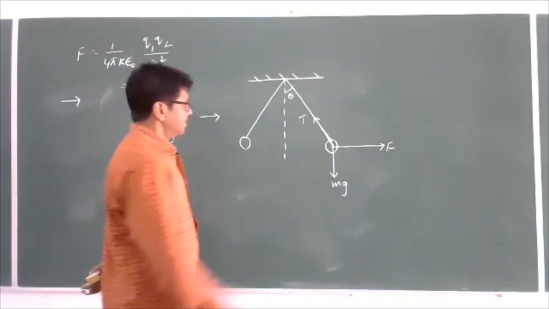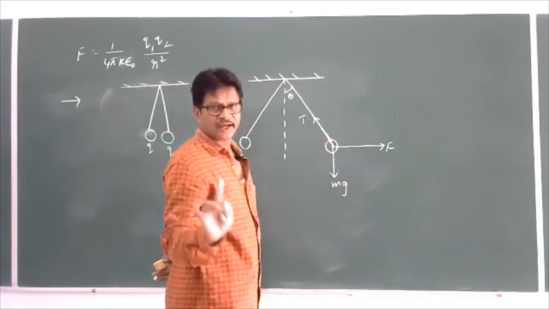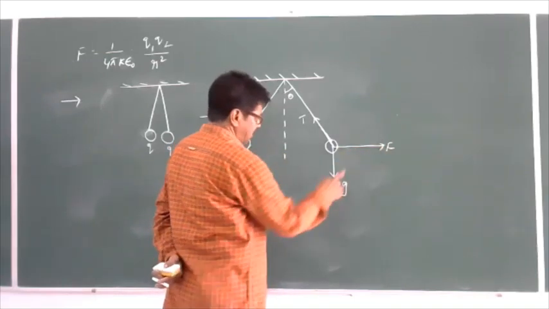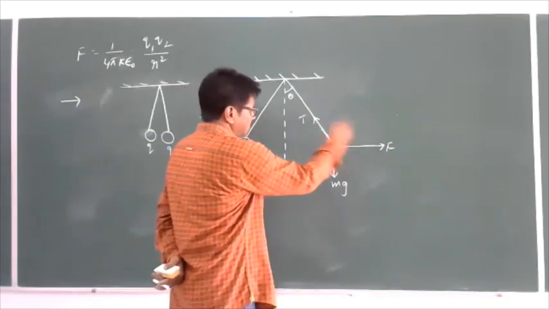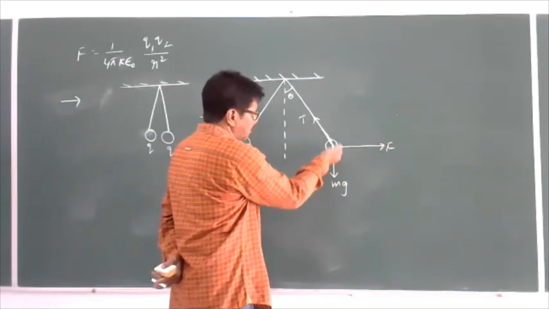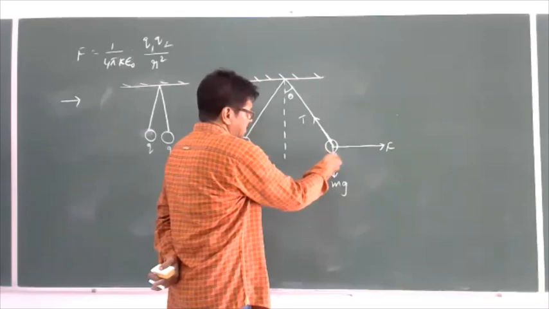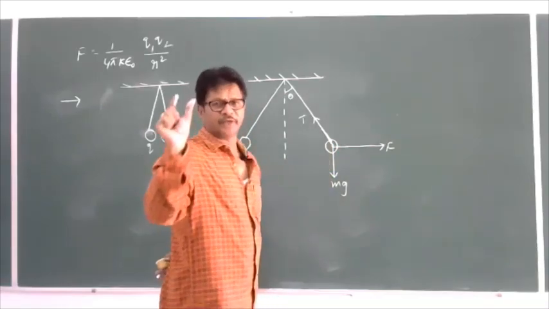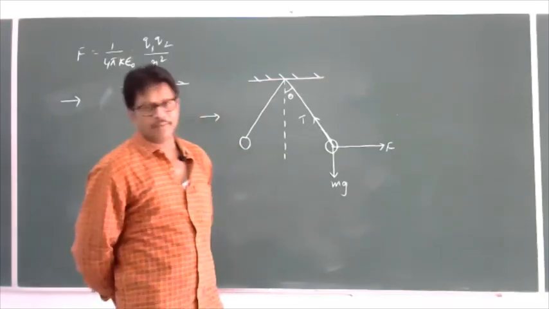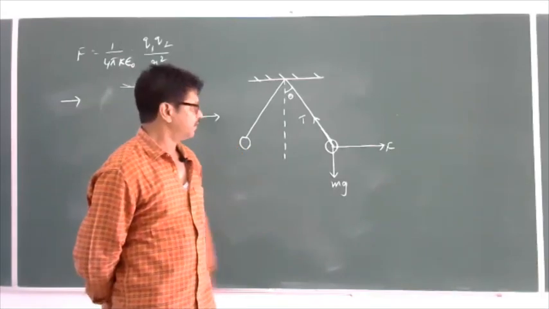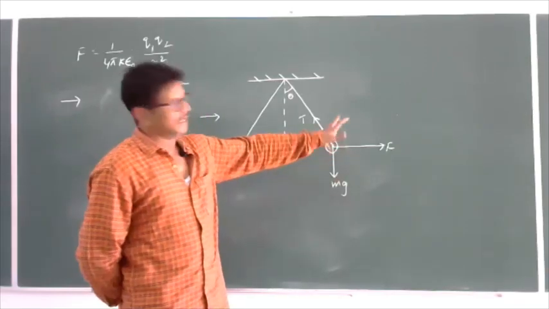Now on this ball, three forces are acting: F, the weight, and T, the tension. Because of these three forces, the ball is in equilibrium. Whenever a body is in equilibrium under three forces, we can use Lami's theorem, which we can apply only if three concurrent coplanar forces keep the body in equilibrium.